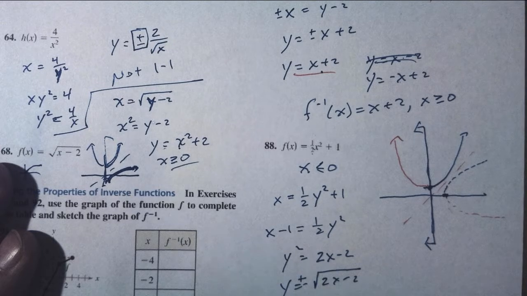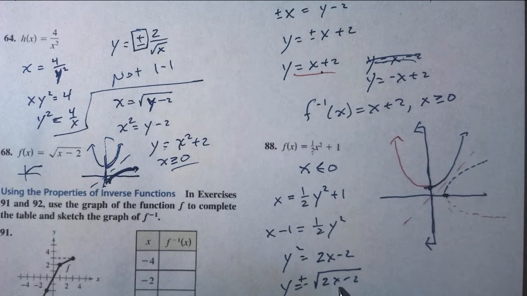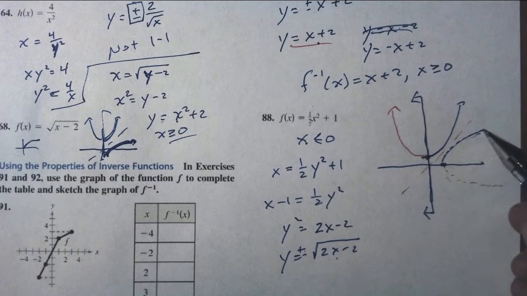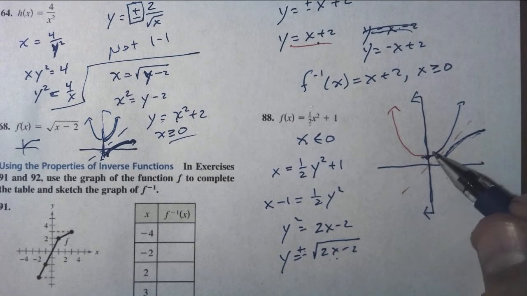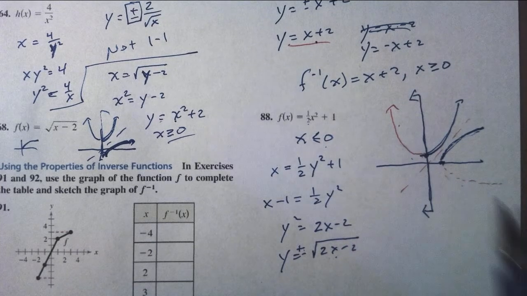I think I'll leave it just like that. Okay, so we take a look at this guy, and the plus would be the top half. It's that portion, and that came from where this graph was greater than or equal to 0, but we said less than or equal to 0.